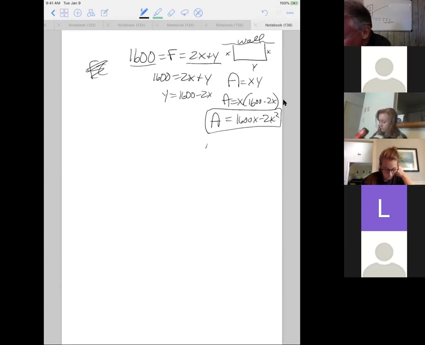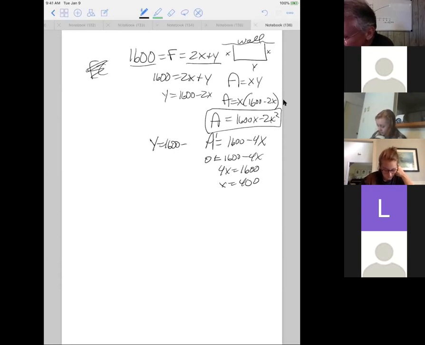I'll talk about it. But now we take the derivative, and we end up with 1,600 minus 4x. Set it equal to 0. 4x equals 1,600, x equals 400. Therefore, y equals 1,600 minus 2 times 400. So that's 1,600 minus 800, which is 800.